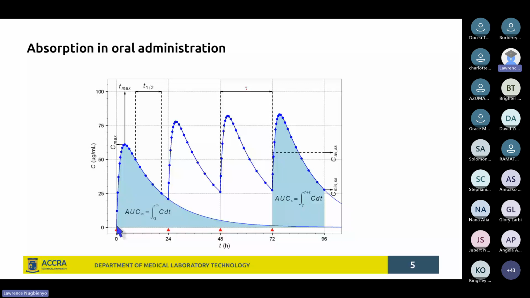Because it's oral, when you take the drug in orally, it will first get into the digestive system. And it is from the digestive system then that it is going to get absorbed into the bloodstream. And so that absorption is gradual until you reach a maximum concentration of the drug in the blood. From there on, there will be a reduction of the drug substance in the blood.